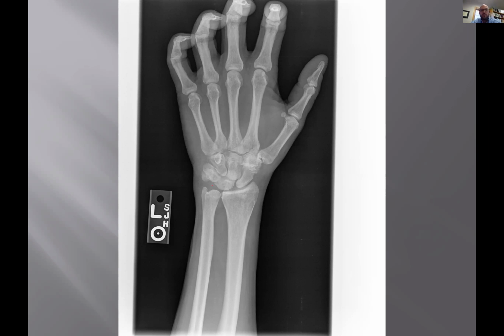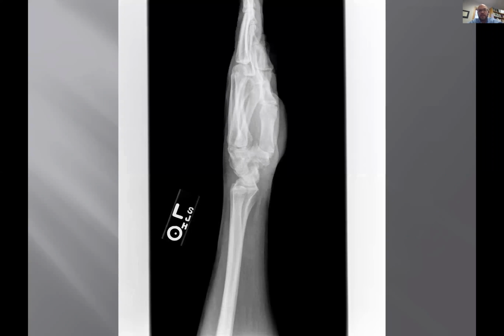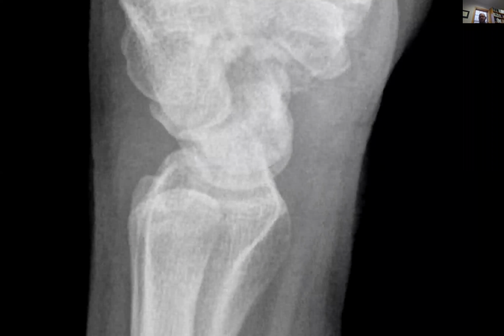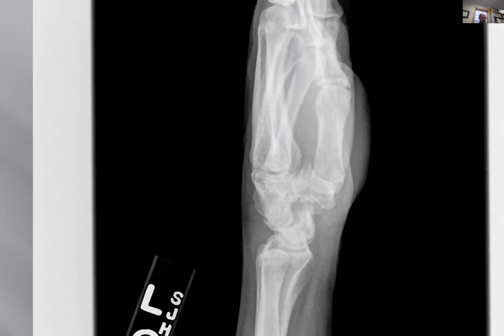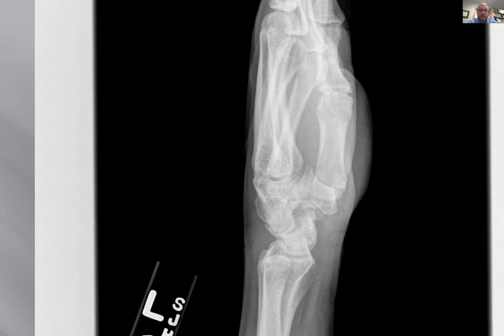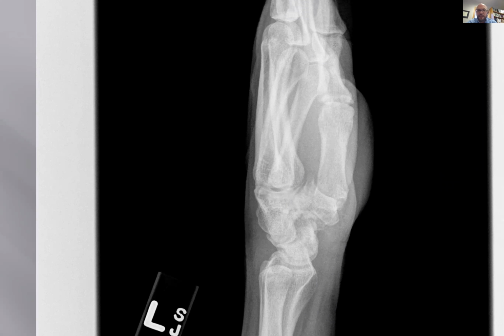So we kind of need a lateral view here, and so here you go. Let's get this maybe a little bit bigger for you. There it is. Now, what do you think about the alignment of the lunate on the lateral view? Yeah, it's palmar. Well, okay, so here dorsal is by the L back there.